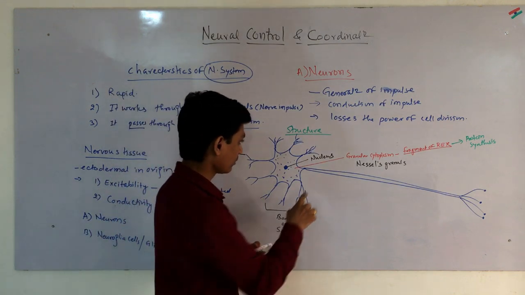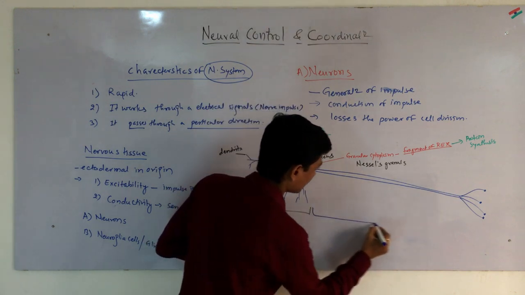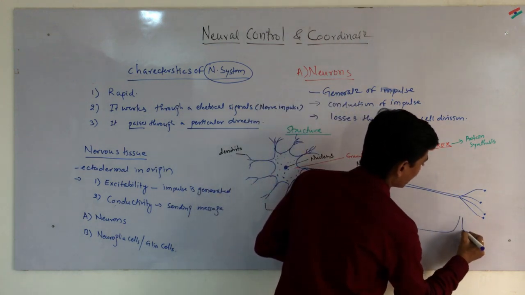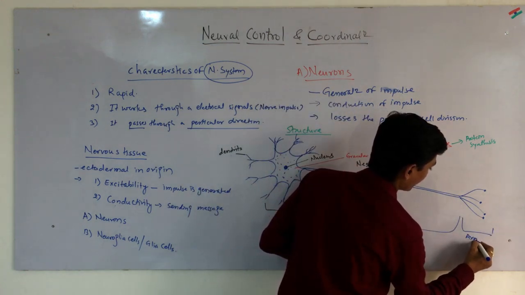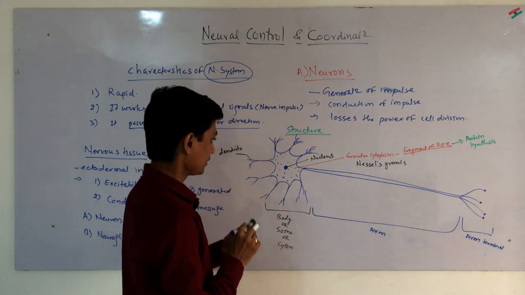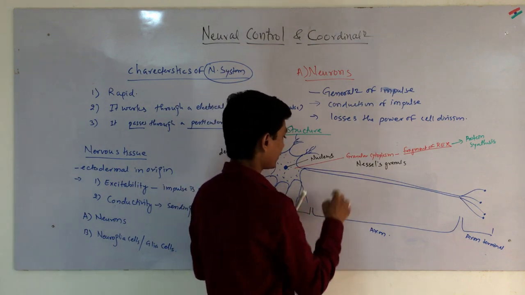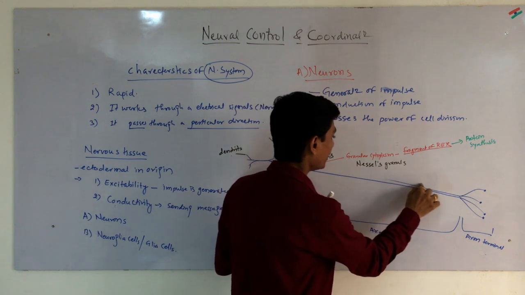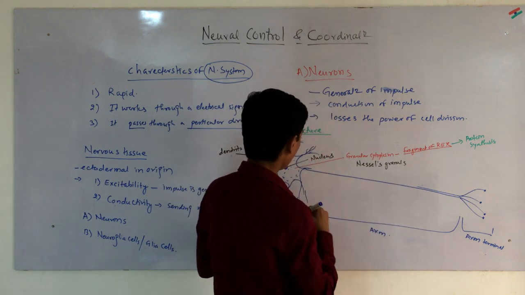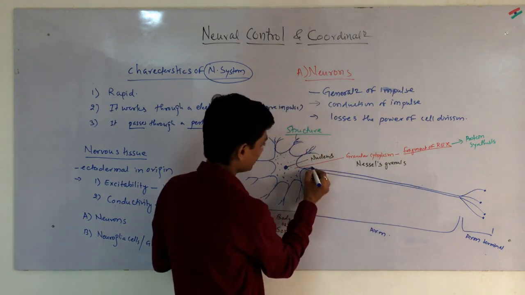We will go towards the axon part. This whole axon part is there up to this. This is the axon, and this is the axon terminal part. This axon part is covered by a deposition of myelin sheath. Okay, we will draw this myelin sheath here.